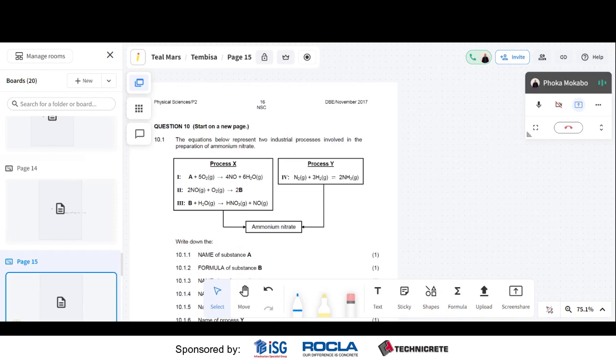Process X, vanadium pentoxide. Process Y, referred to as the Haber process.